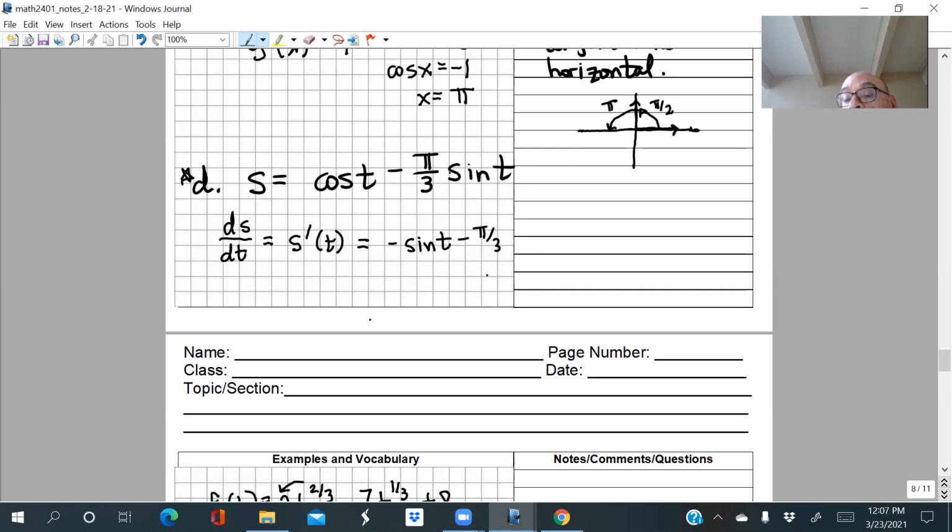What's the derivative of sine of t? Avery, what's the derivative of sine of t? That's every calculus student's favorite question. What's the derivative of sine of t, or sine of x, because it's so easy to remember.